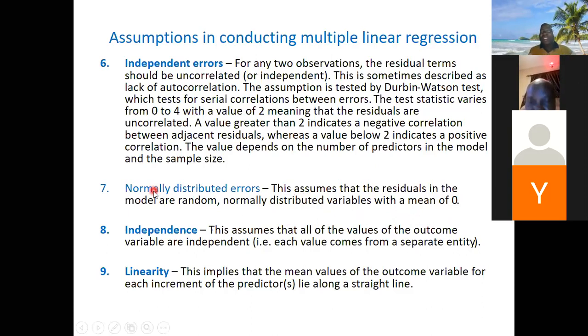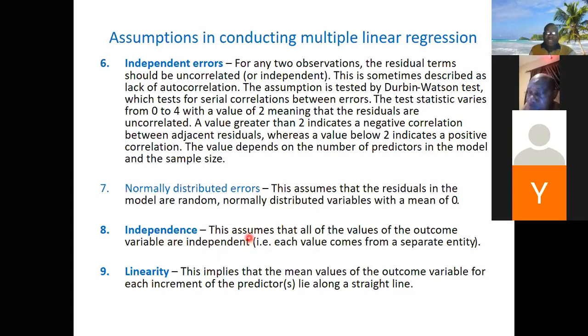Normally distributed errors corresponds with a normal distribution, while for homoscedasticity there should be homogeneity of error. Can you see? Some of those assumptions in using parametric tests are not directly relevant, but indirectly they are applicable, not to the Y, but to the residual, and that is what is happening here.